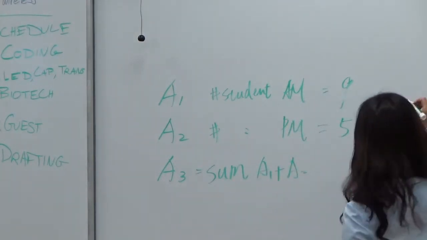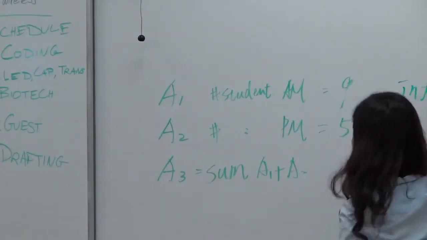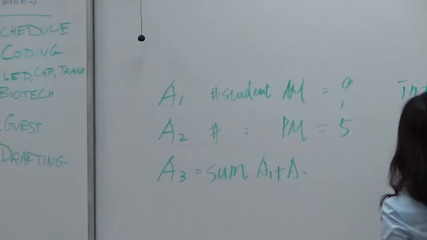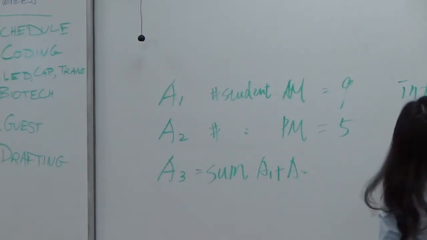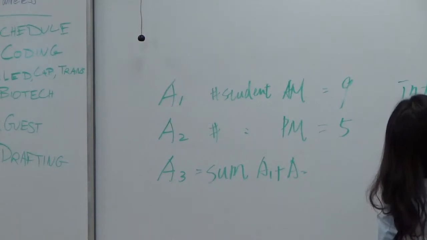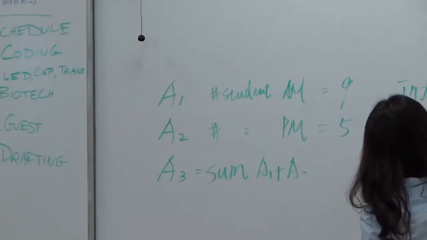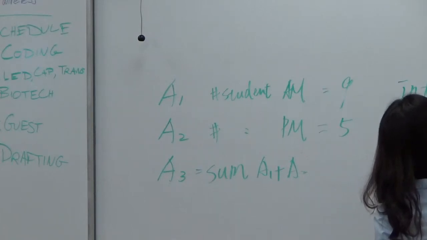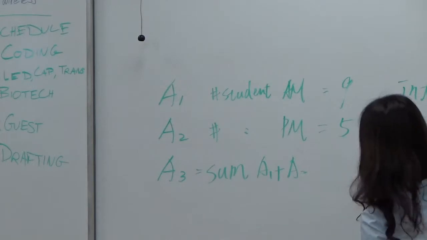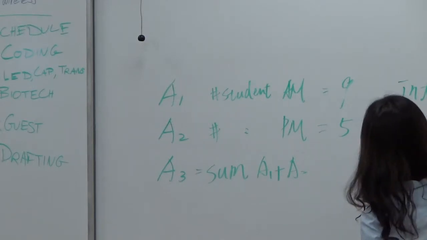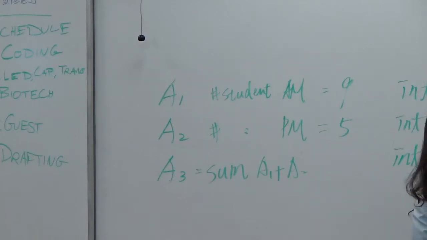So I should write down int, and then variable name like A1, and equal to, yes, and semicolon. What about A3? You can set A3 as A1 plus A2. Yes.